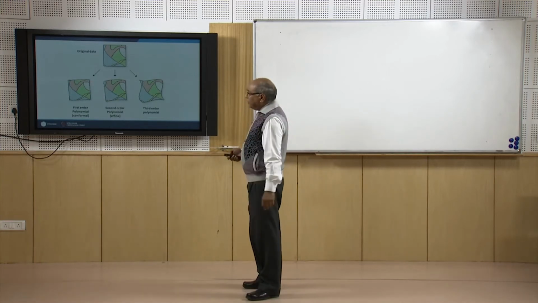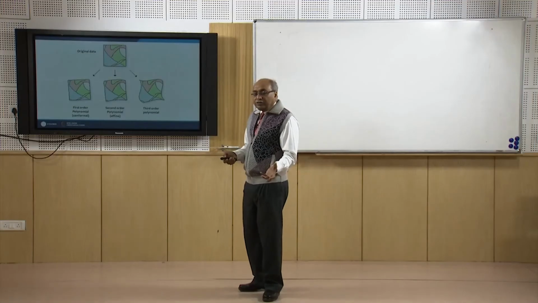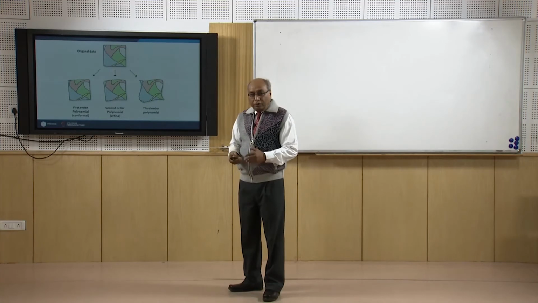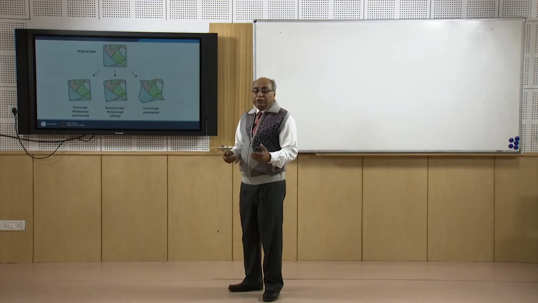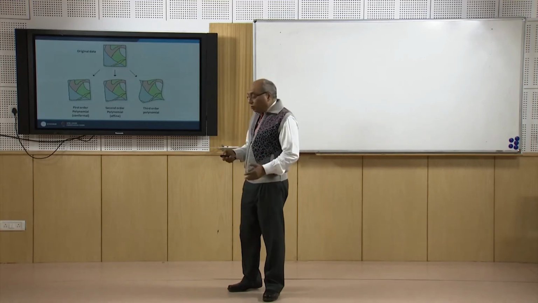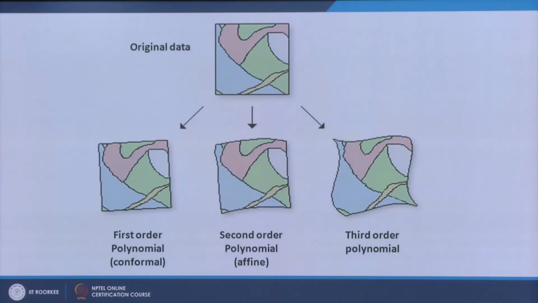Though in some image processing or GIS software, people have implemented up to 12th order polynomial, I do not think that such kind of georeferencing is required, because the maximum distortions we can see are because of curvature of earth or rotation of a platform, yaw and roll, other things, or skewness. All these can be corrected with a third order polynomial.